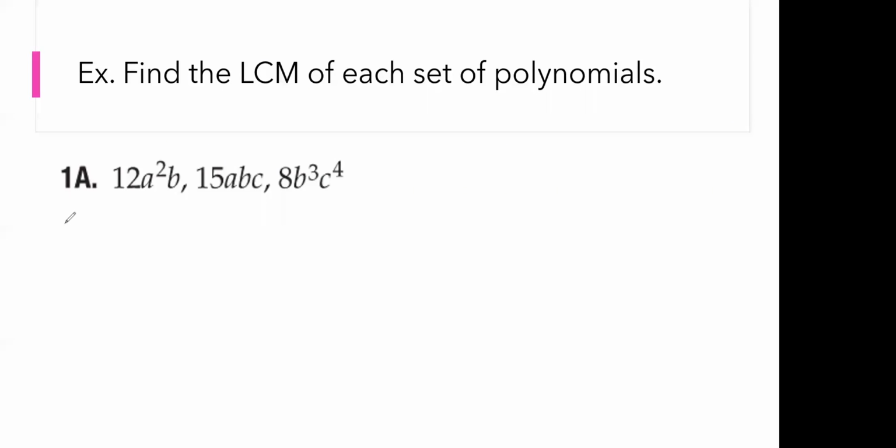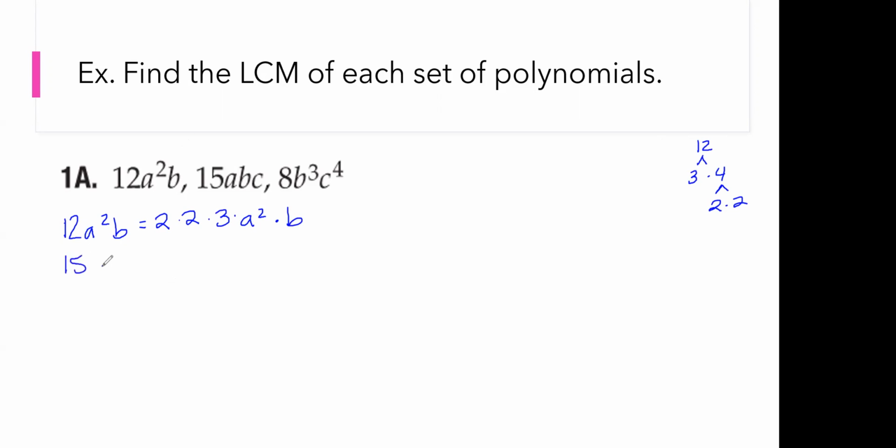So we have 12a squared b. You have to break down 12. So 12 is 3 times 4, and we can break down 4 to 2 times 2, right? So we have 2 times 2 times 3 times a squared times b, okay?